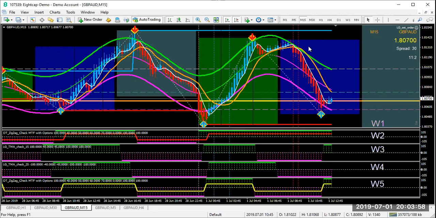The main key thing that we really need is a vertical line to be confirmed.